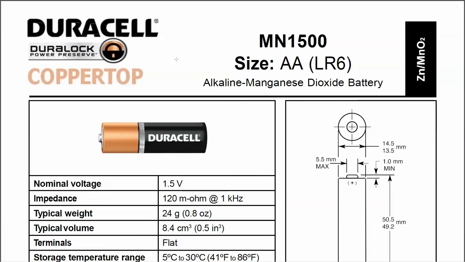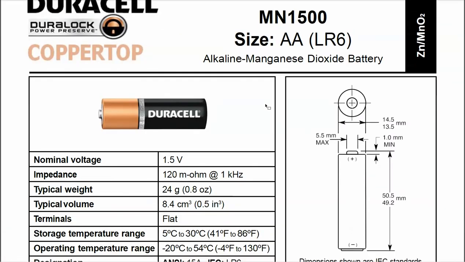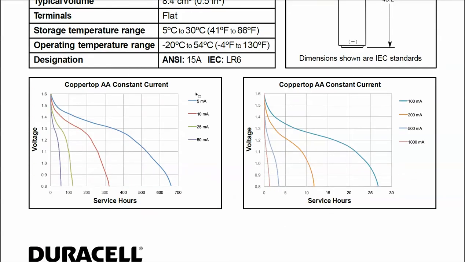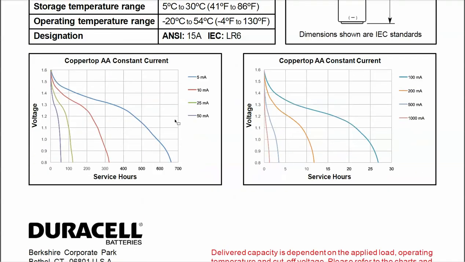And if I go to the alkaline battery datasheet, also Duracell, we can see that it has better charts which explain, for a given current, how many hours it will work. So 50 milliamperes is, let's say, what the average light emitting diode consumes.